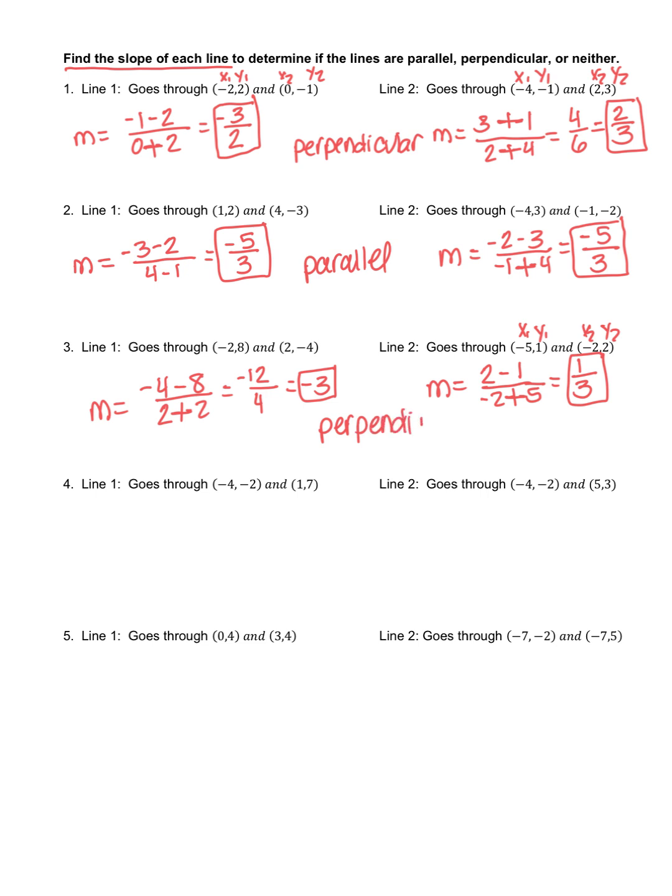Perpendicular. Now let's go ahead and look at number 4. Let's find the slope here. M equals 7 minus -2 over 1 minus -4.